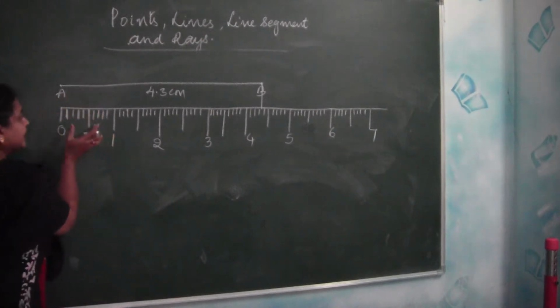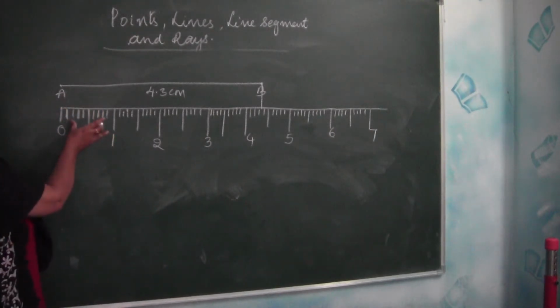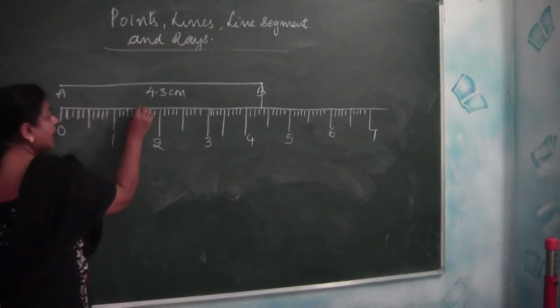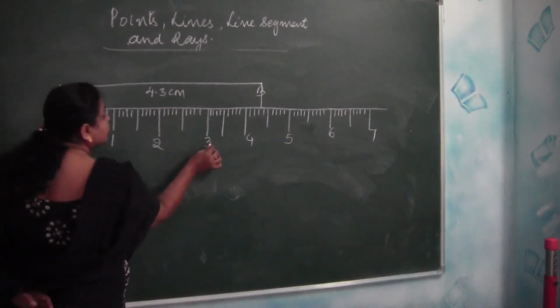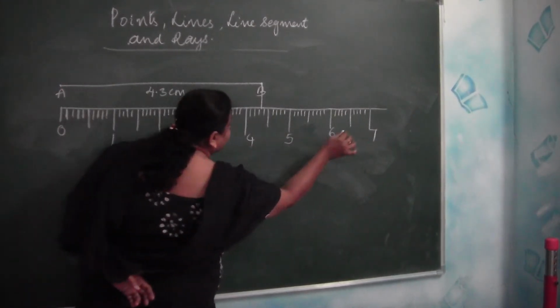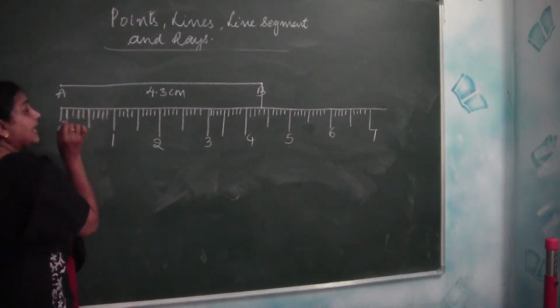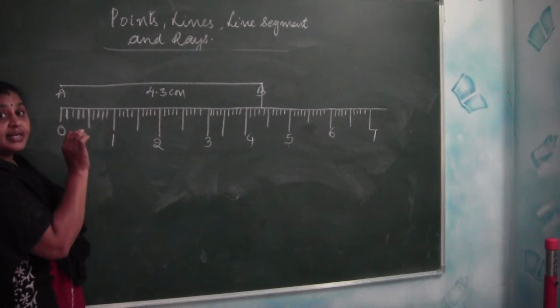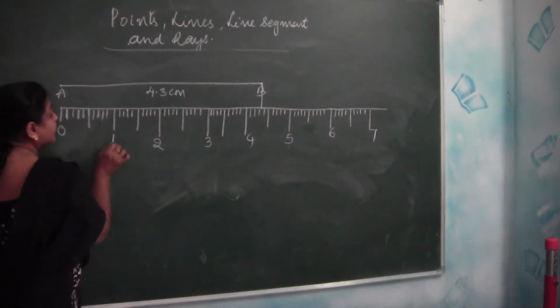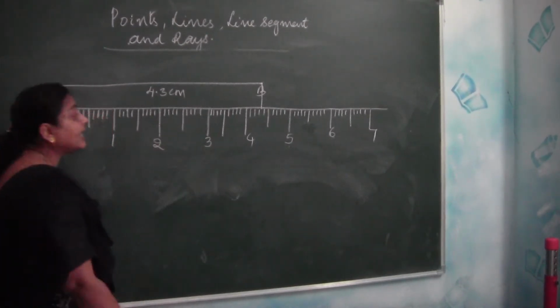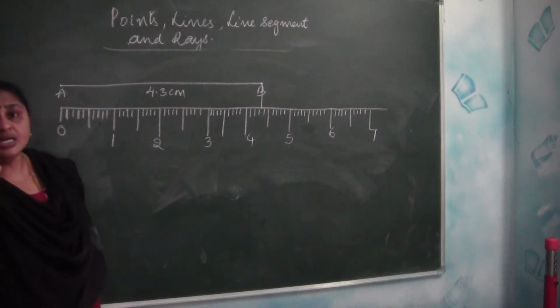The small lines on the scale denote the millimeters, and the long lines which I mark with numbers are centimeters.